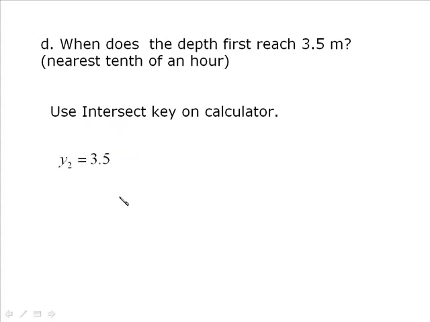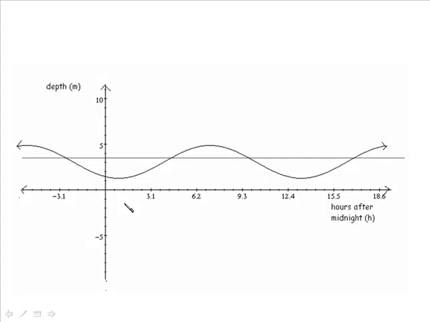So you have to enter the second equation, which is y2 is equal to 3.5. That's just a horizontal line, and you should end up with the two graphs right on your grid. And we want to find out the x value right there, where they do meet.